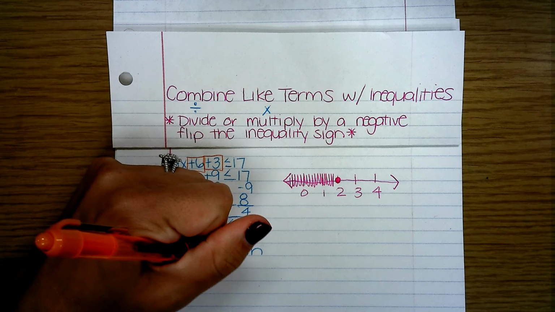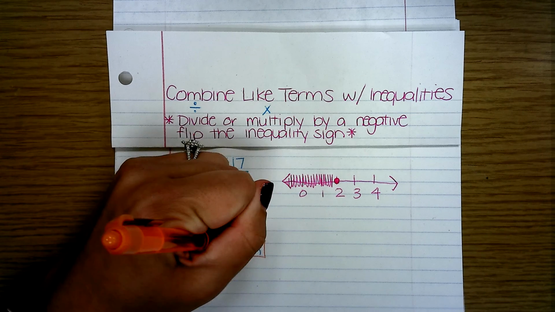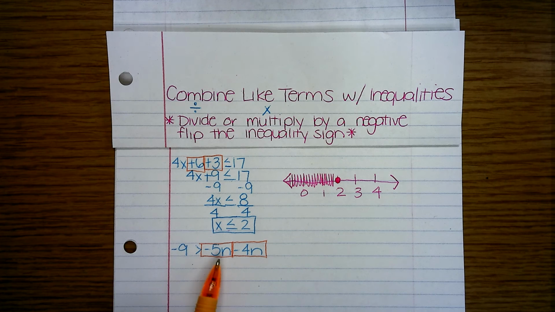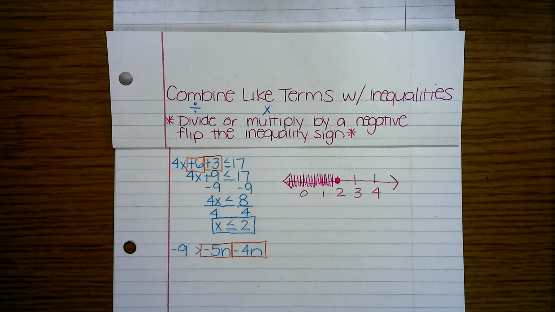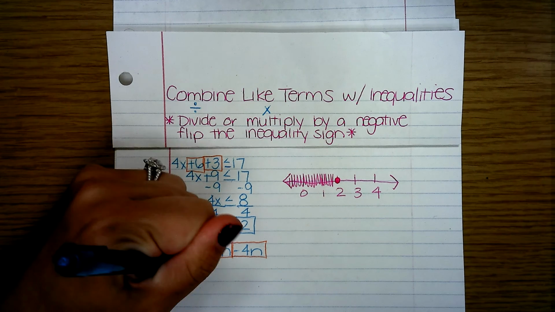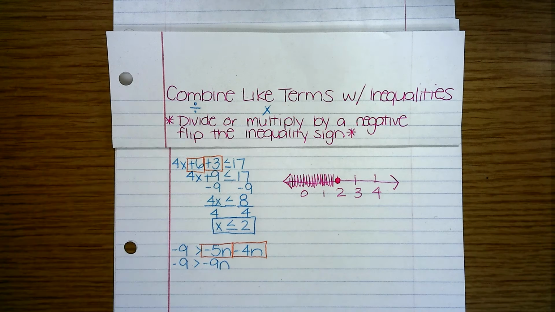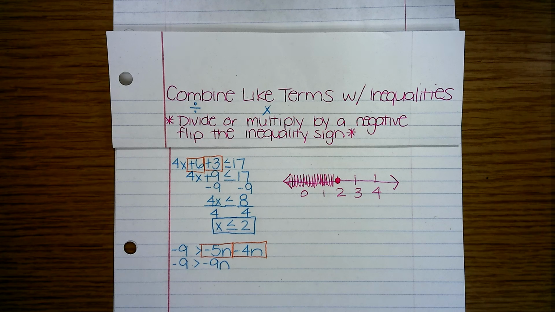I have a negative 5n and a negative 4n. So since I have two coefficients in front of those variables, I can go ahead and put them in my calculator just as I see them to combine my like terms. So negative 5 minus 4 more gives me a negative 9, and I bring the n down with that coefficient. So I have negative 9 is greater than negative 9n.